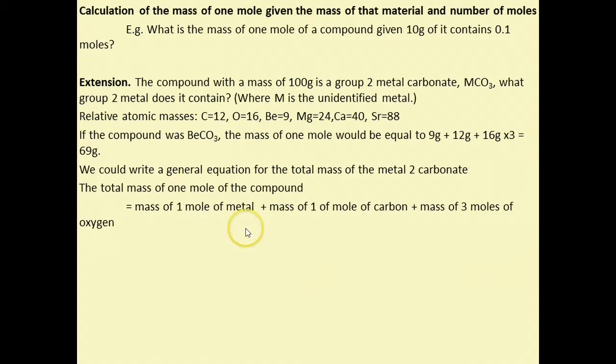Here is a general equation for the mass of that compound which has a mass of 100 grams. So it would be equal to the mass of 1 mole of metal plus 1 mole of the carbon atoms plus 3 times the mass of a mole of oxygen atoms.